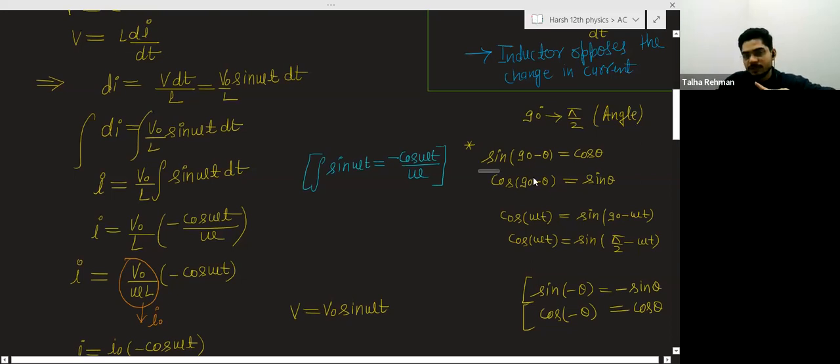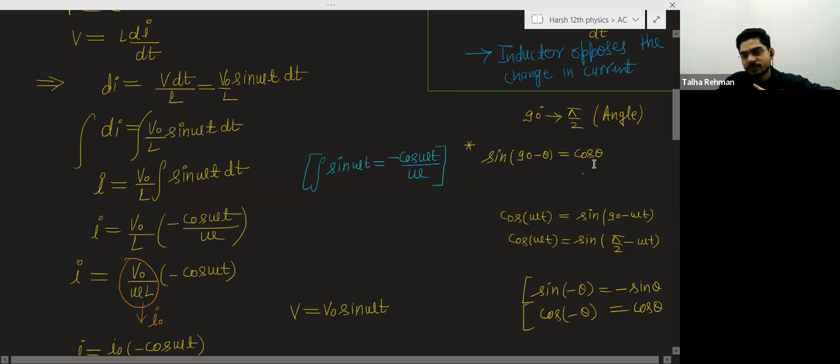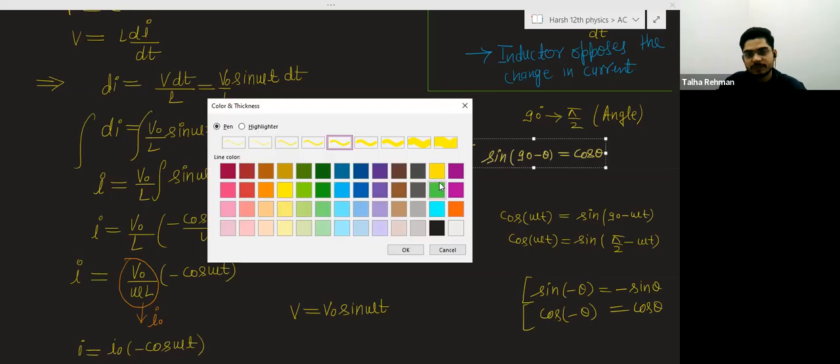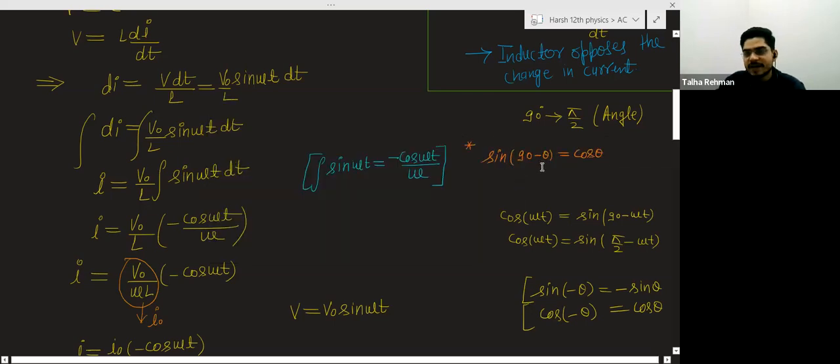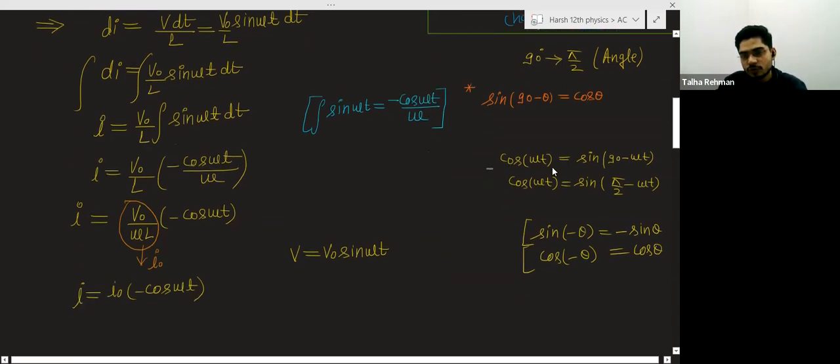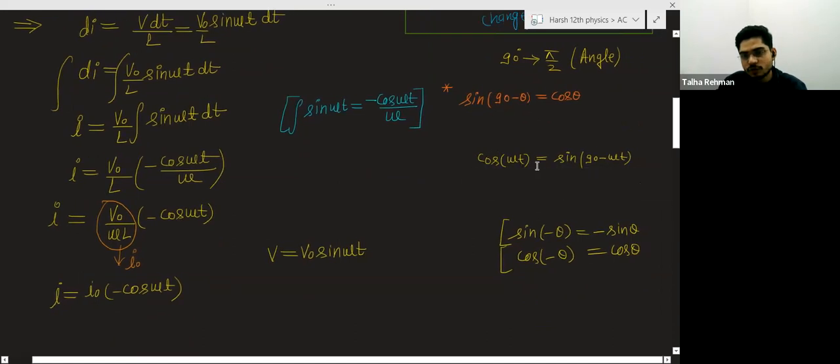So cos theta can be written as sin 90 minus theta. And what is theta? We have omega t here as theta. So we can write cos omega t is equal to sin 90 minus omega t.